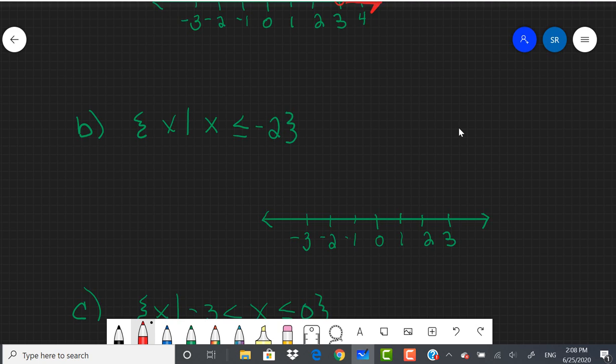So this means I will include the -2. So instead of an open circle, we are going to draw a closed circle. Instead of going to the right, I want less than. So this is going to go to the left and go below all the numbers below -2. Really darkened it in there for you.